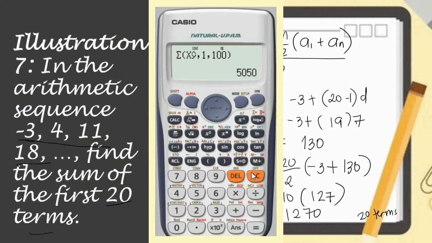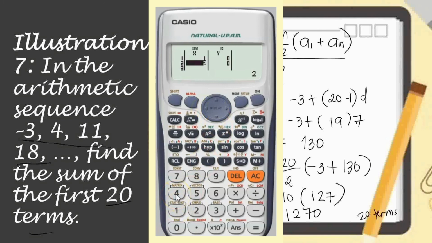So, next, in the arithmetic sequence negative 3, 4, 11, 18, find the sum of the first 20 terms. Same lang din naman. So, mode 3, 2. First and second lang, pero depende naman sa inyo. Pwede naman ilagay, halimbawa, gusto nyo ilagay is yung 18. Ilagay nyo lang dito kung pang ilan siya.